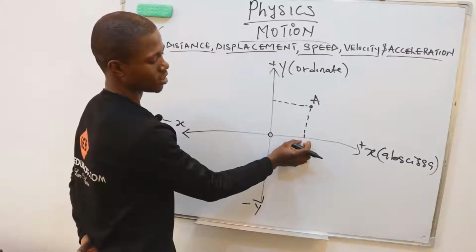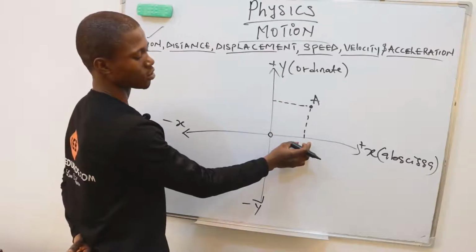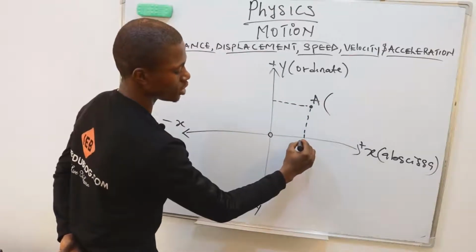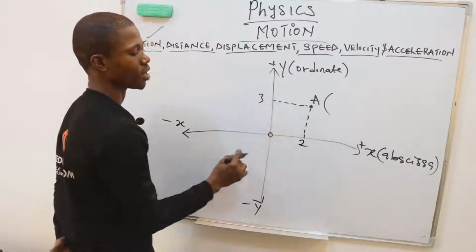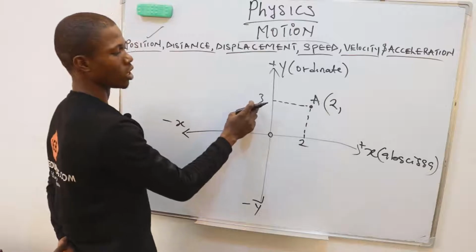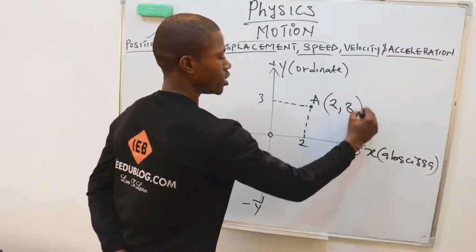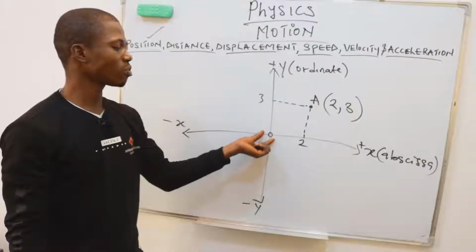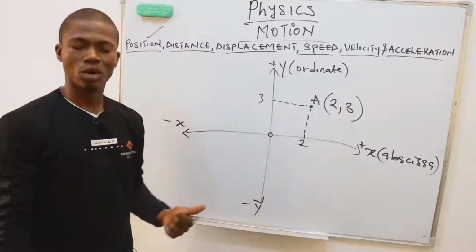It's just by getting the x coordinates and the y coordinates. Assuming here is 2 and here is 3, our x coordinate is 2 and our y coordinate is positive 3. This is how to get the position of the point using this reference point and x and y coordinates.